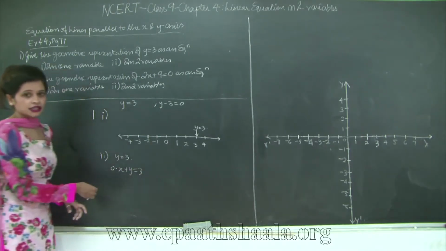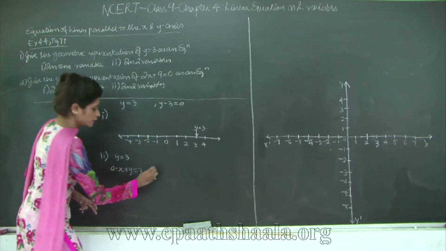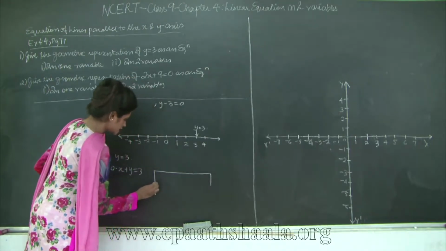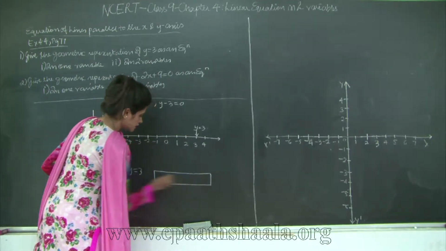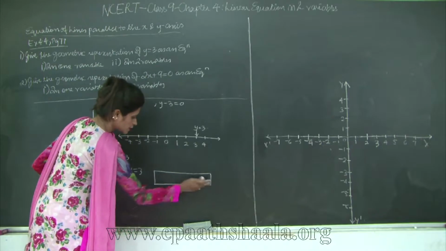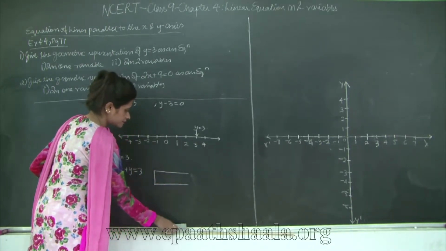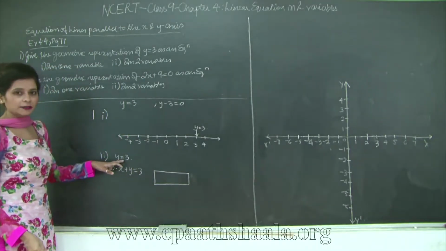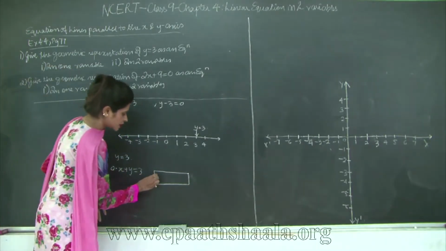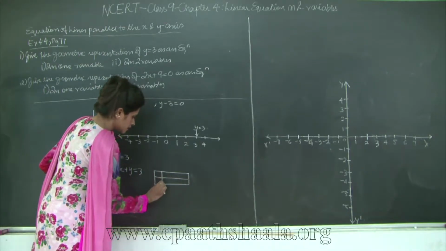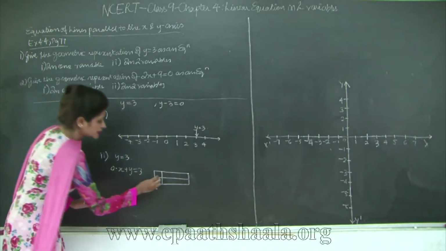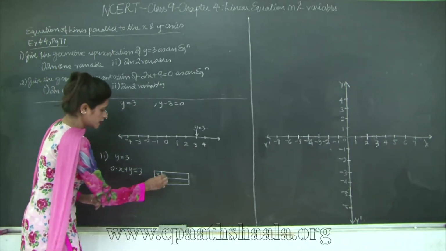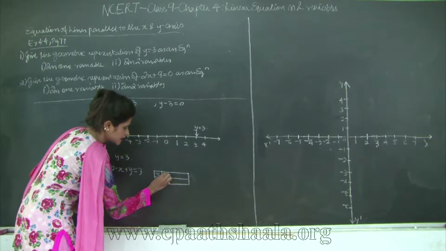Now this is an equation in two variables, therefore, we will have infinitely many solutions. Also, if you notice, y is equal to 3 means the value of y is always going to be a constant, correct. So, this is representing a line parallel to my x-axis, but let us find the coordinates. Since the value of y is constant, let us take x as 0.